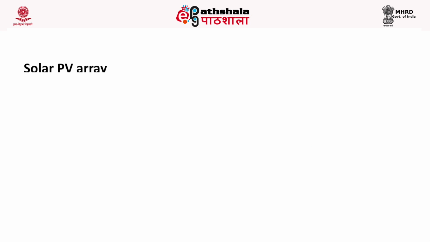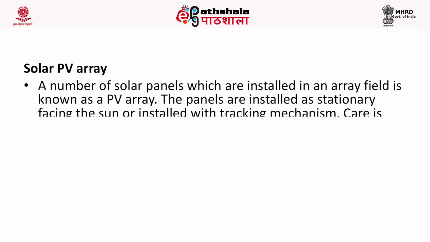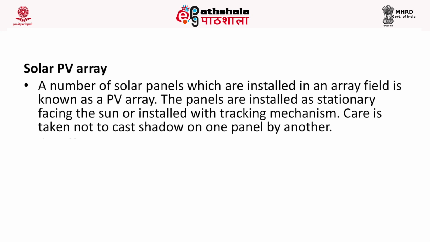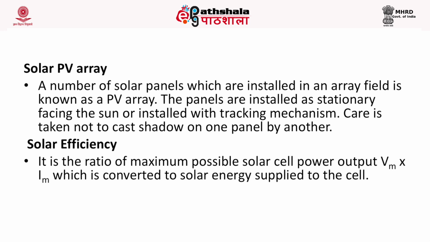What is a solar PV array? A number of solar panels which are installed in an array field is known as a photovoltaic array. The panels are installed as stationary facing the sun or installed with a tracking mechanism. So, care is taken not to cast shadow on one panel by another one.